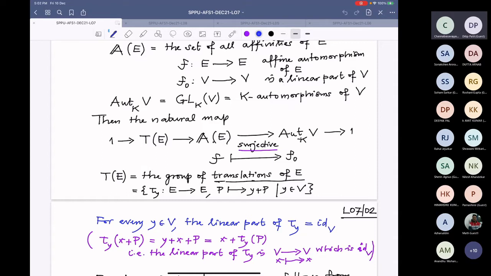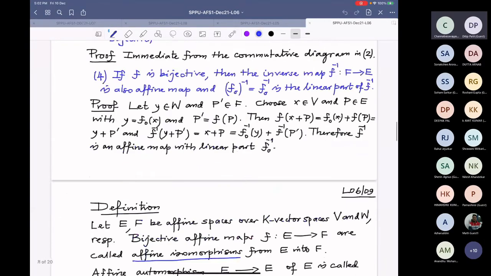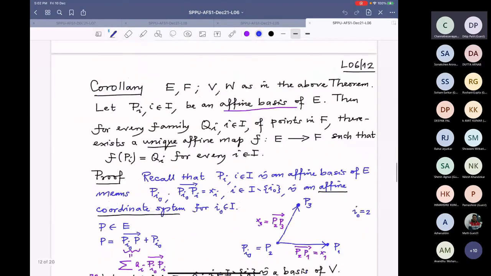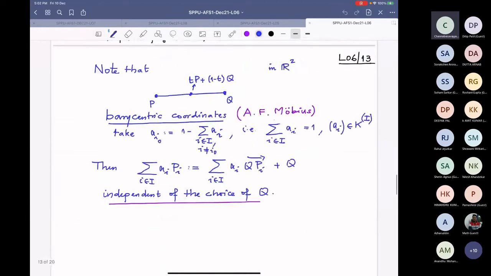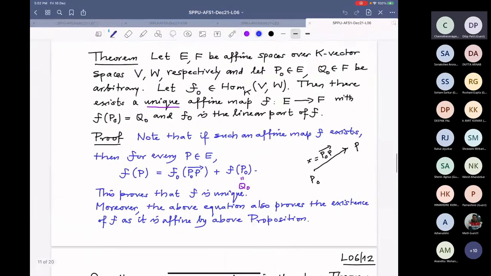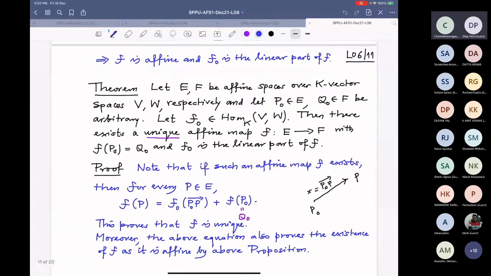Given any K-linear automorphism of V, I should be able to define an affinity of E. That is what I did in the last part of lecture 6. Where was that? See here, I will show you. That is precisely what I was doing. All right. Here, look at this theorem.